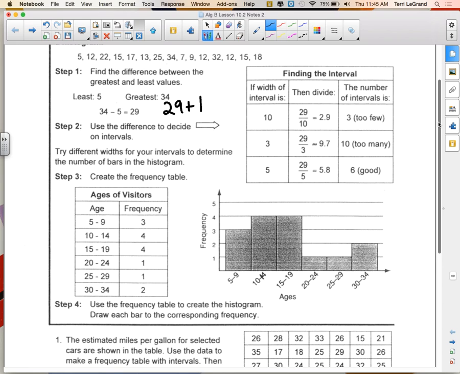Well then 29 divided by 3, that'd be approximately 10 intervals. That's too many. That's a busy histogram. If you make it 5, then it's close to 6, or in fact if we add that 1 to it, 30 divided by 5 is exactly 6, right? Then we would have 6 intervals. You know what, that's kind of good, that's a good choice.